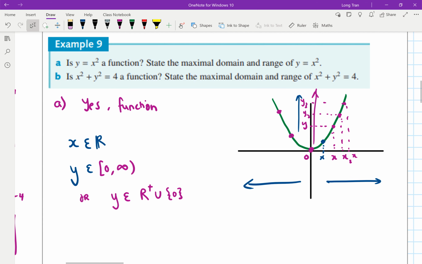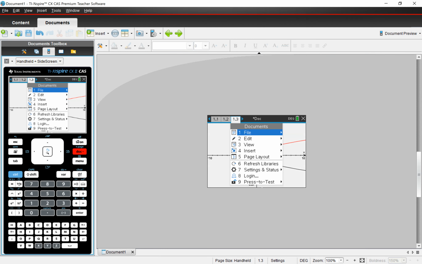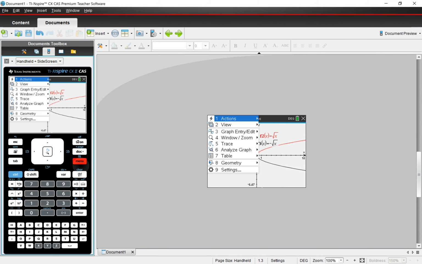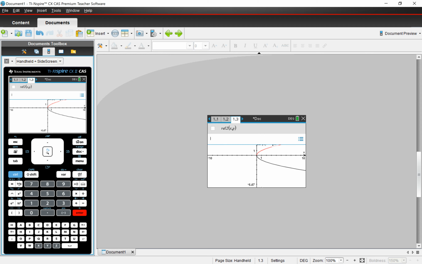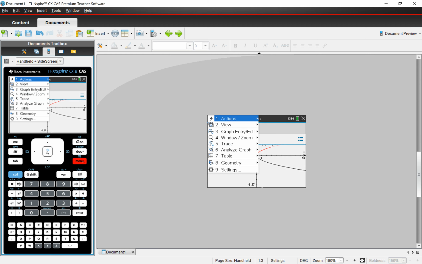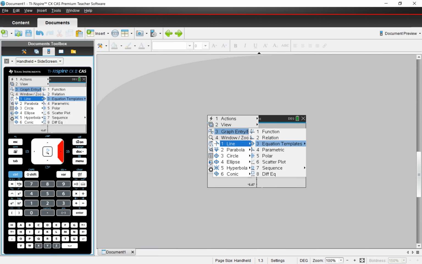And they say x squared plus y squared equals 4, for a function. This, you would have to type it in your CAS to find out what it is. That's a circle with radius 2. Okay, so if I were to sketch it for you, we go to Menu, Graph Entry, and we can go to Relation, and Menu, Circle.